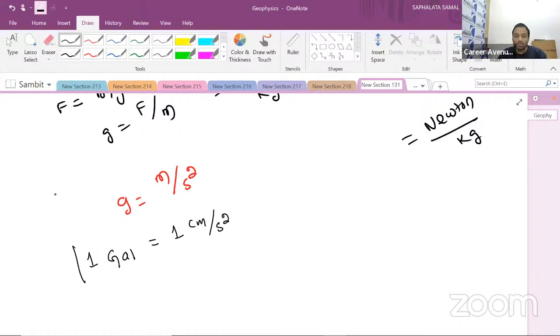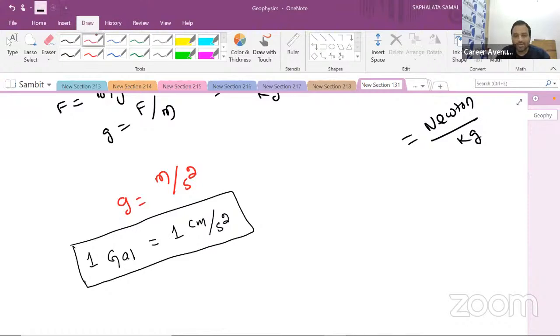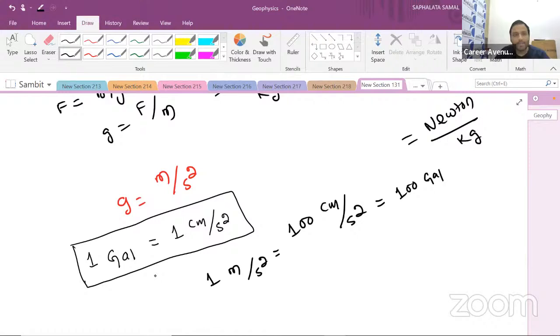Very, very important. 1 meter per second square is equal to how much centimeter per second square? 100 centimeter per second square, and 1 centimeter per second square is 1 gal. That means it is 100 gal. So when we say our acceleration due to gravity is 9.8 meter per second square, it is equal to 980 gal.